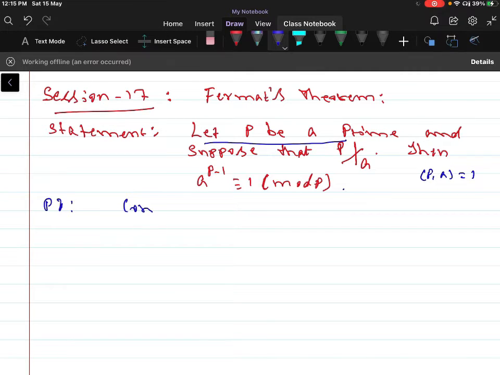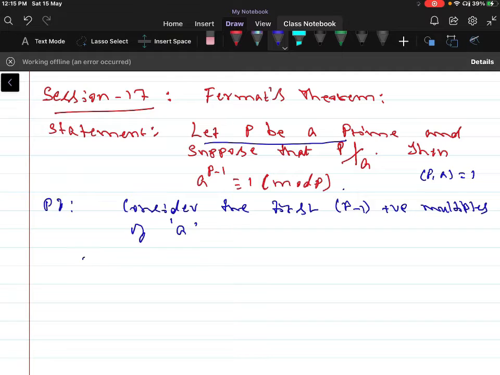Consider the first P minus 1 positive multiples of integer A. That is, you should consider 1 into A, 2 into A, 3 into A, and so on, P minus 1 into A, where P is a prime number.